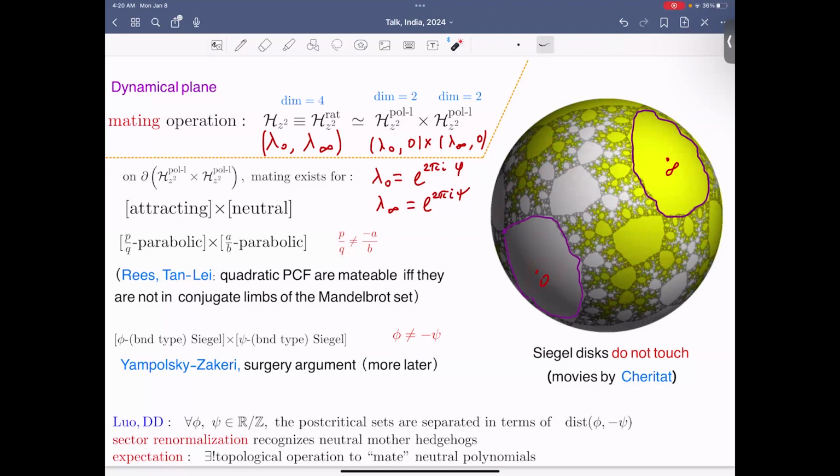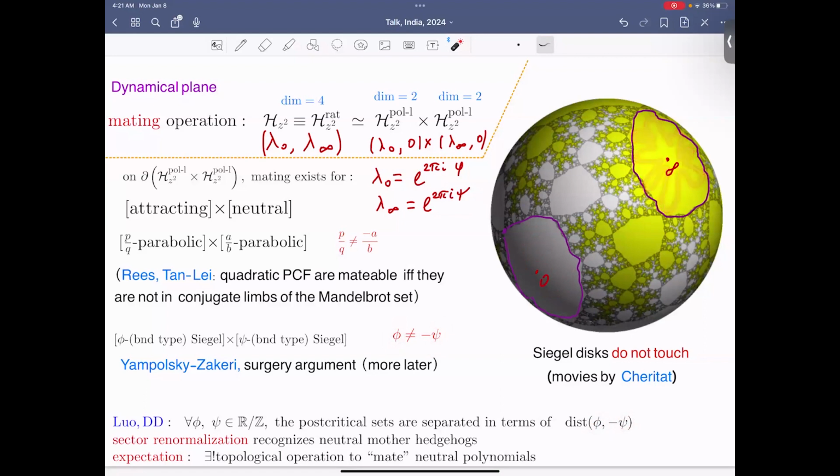In fact, we can claim such separation for all neutral maps, namely that there is a separation in terms of the combinatorial distance between phi and minus psi. This is another way to look at the obstruction. When phi and psi become more unbounded, these nice QC disks will become less QC, more like amoebas.